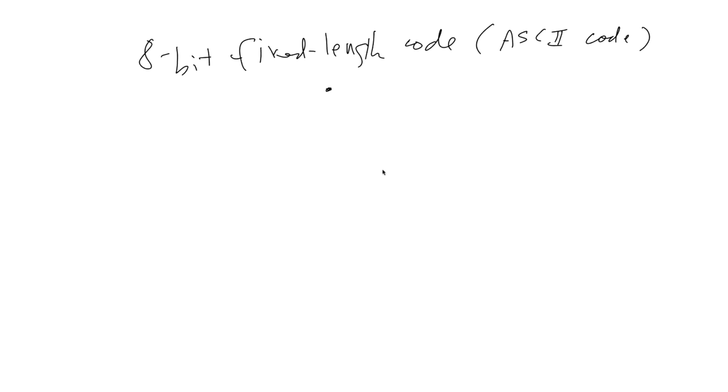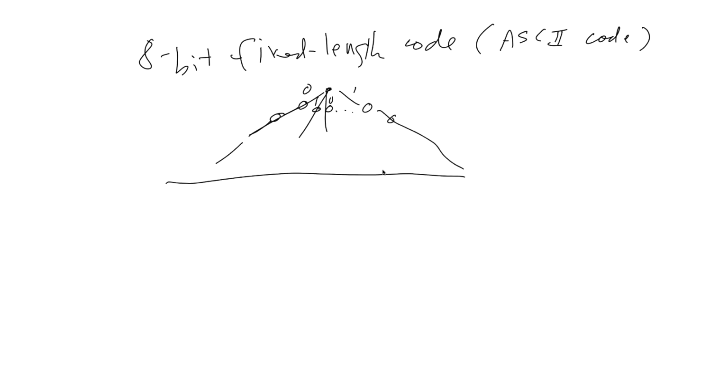If you think of this as a tree, each edge is going to be either 0 or 1. So a fixed length code is just like a tree, and for each path, you have 8 edges.